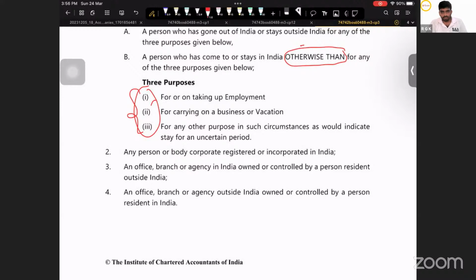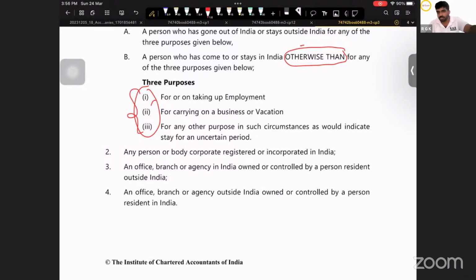Now, next one. Suppose, the other way round, the branch, office, or agency is outside India and it is controlled by a person resident in India. An Indian company has a branch located in USA. Now that USA branch will also be considered as person resident in India only.